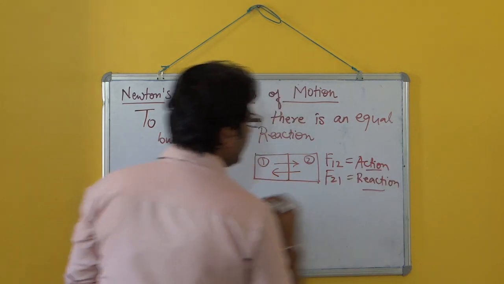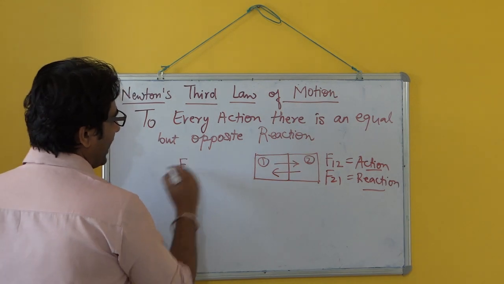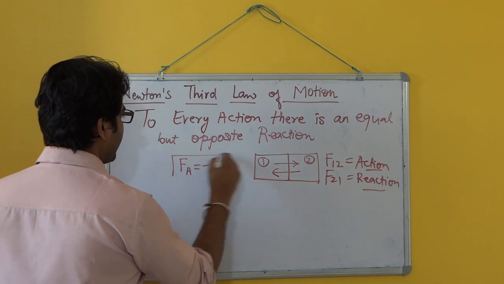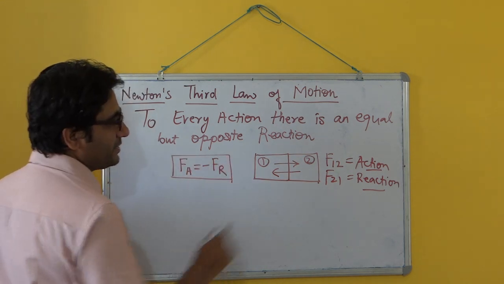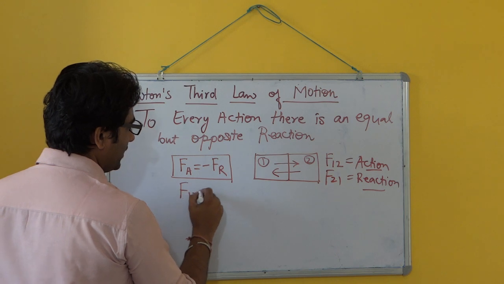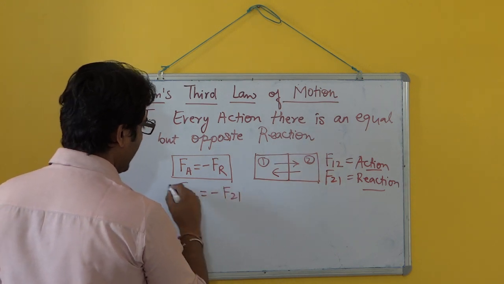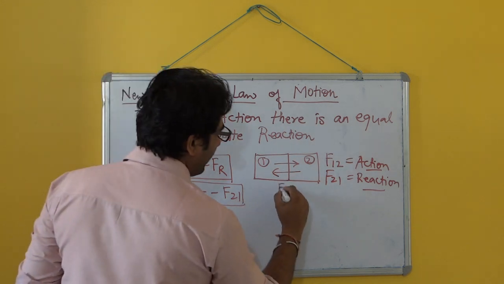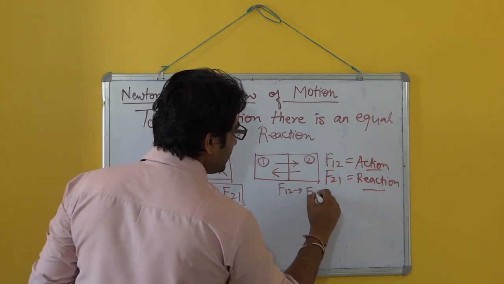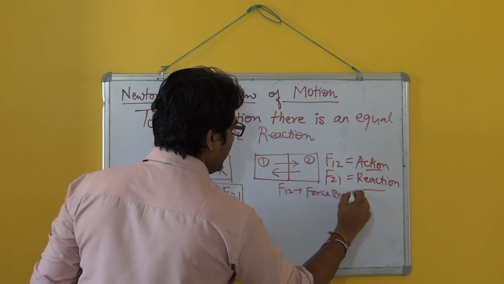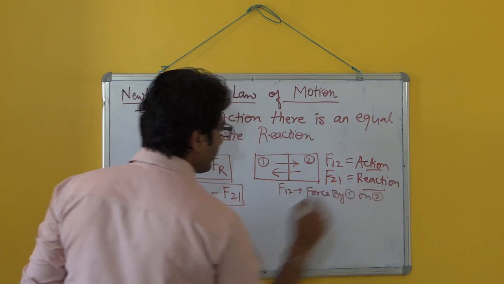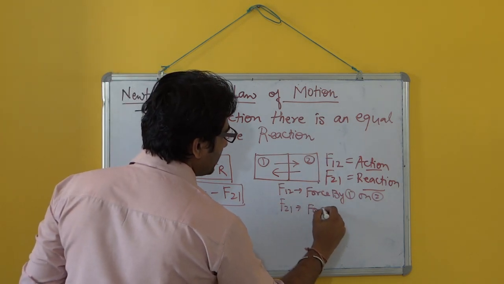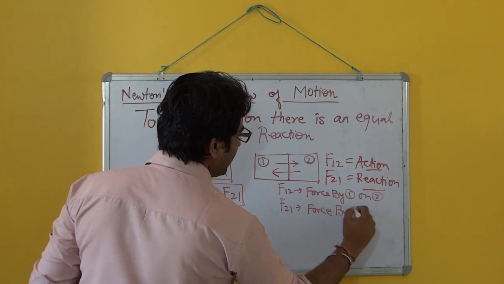So by Newton, it was said that F action is equal but opposite to F reaction. That means F12 is equal and opposite to F21. What is F12? F12 is force by 1 on 2. Similarly, F21 is force by second on 1.